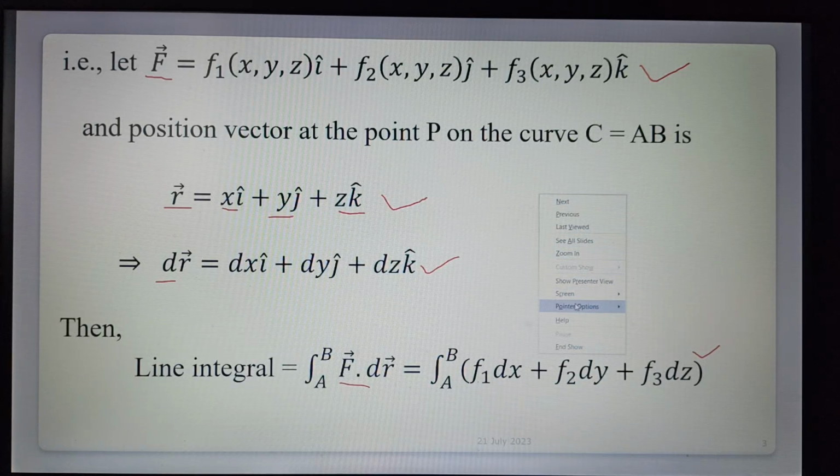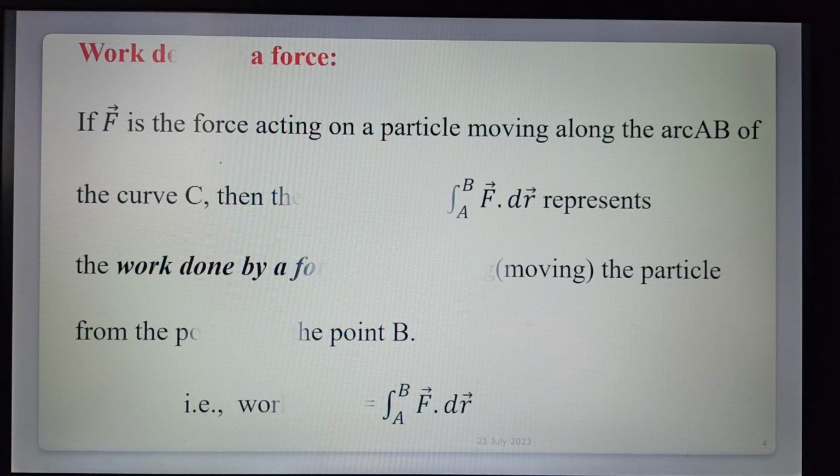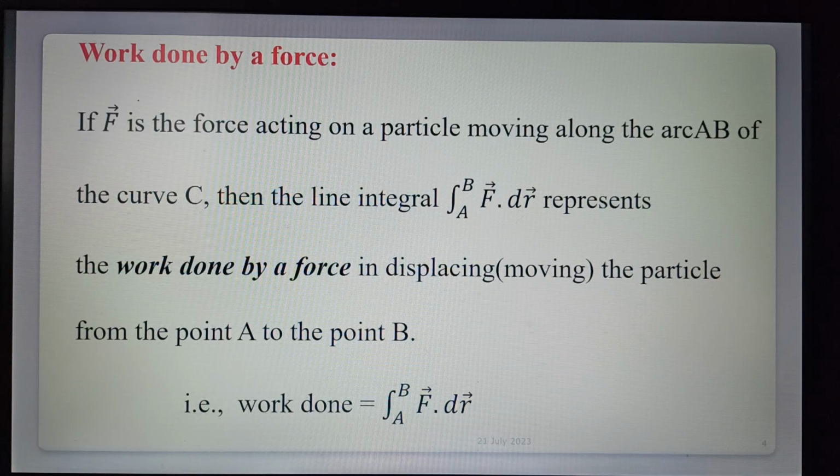This is the definition of line integral. Next, a continuation: the line integral represents work done.